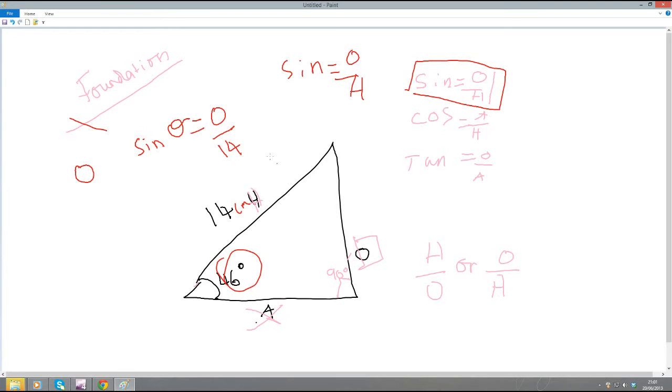So how do we do this? Using the basics of algebra. You times this by 14, and whatever you do to one side, you must do to the other. Times that by 14. So in here, they cancel, and then you're left with this.